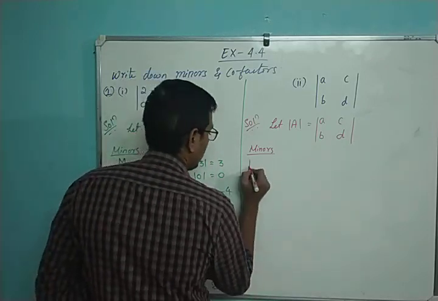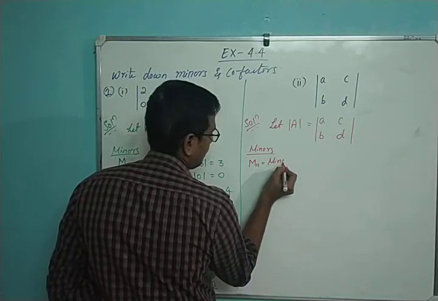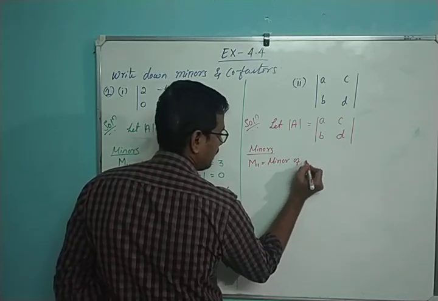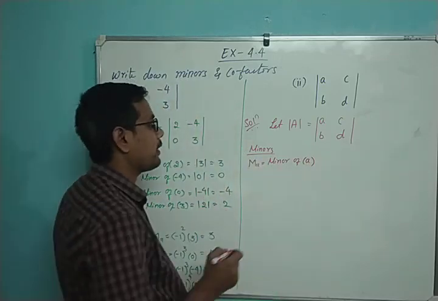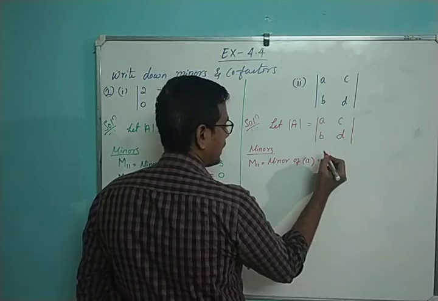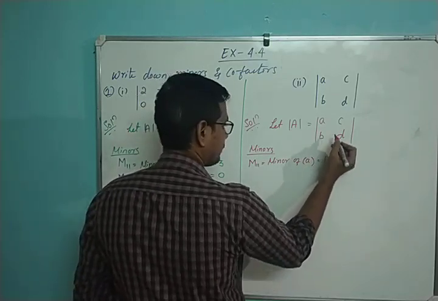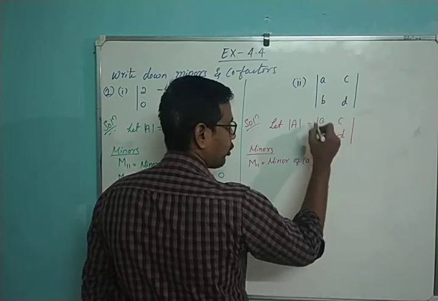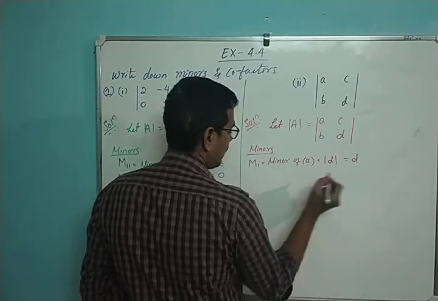So M11 is the minor of A. Leave the row and column containing A. What is there? D. So it is nothing but D only.